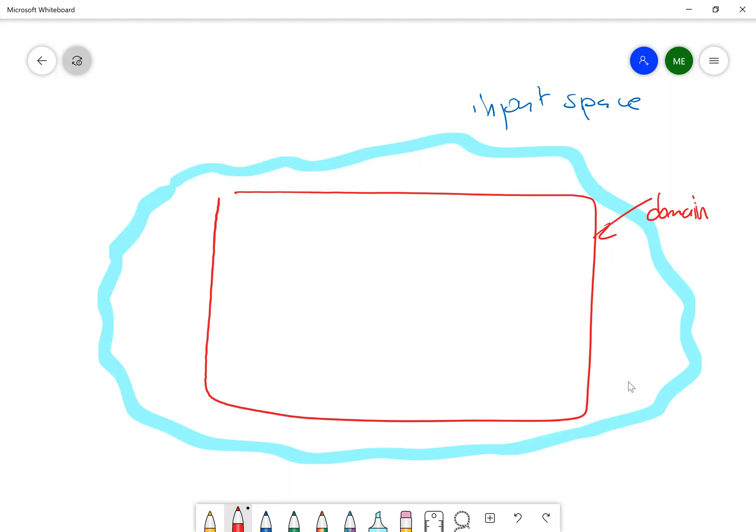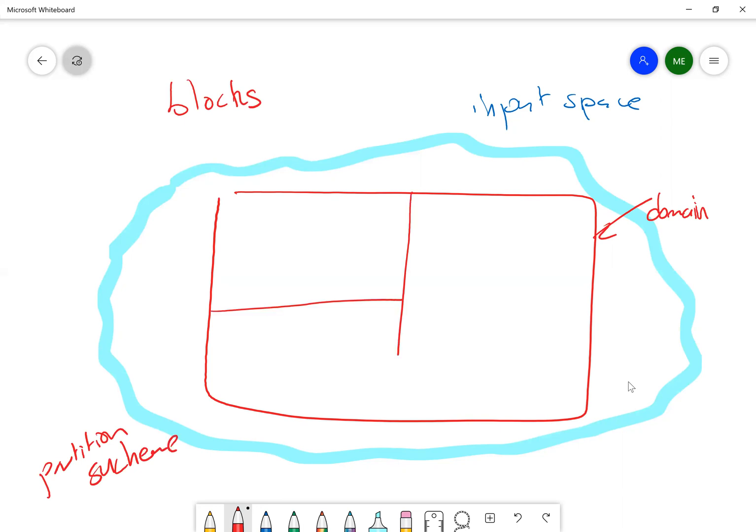And then next up, we're going to start to break down the domain into blocks. The word here is blocks. To break it down into blocks, we use something called a partition scheme. So a partition scheme could be, I'm going to decide to go this side.